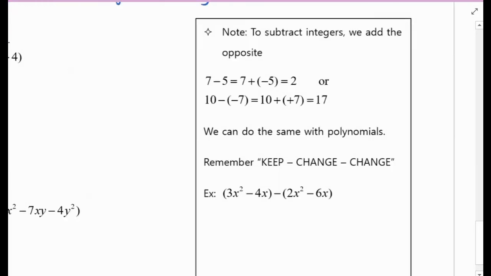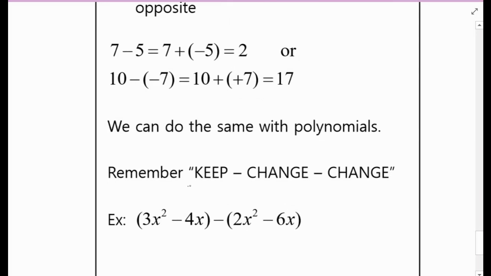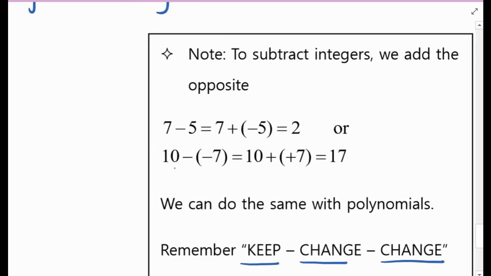So remember this, everyone. When you subtract integers, you have to remember the keep, change method. For example, when you have 5 minus negative 7, you keep the first number, change the sign of the middle, and change the sign of the second number.